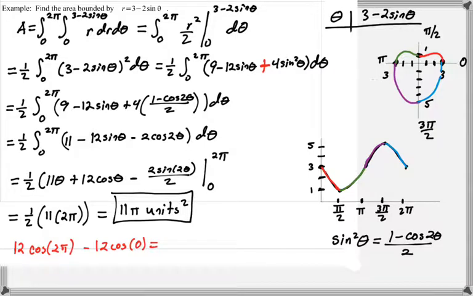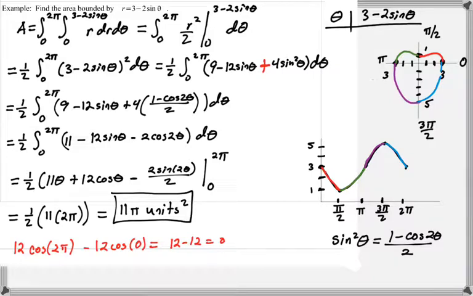Both cosine of 2 pi and 0 are 1, so it gives us 12 minus 12, which is 0. So that doesn't matter. And if you plug 2 pi into the sine, you're going to have the sine of 4 pi, and sine of any integer multiple of pi is 0. Likewise, if we plug 0 in, the sine of 0 is 0. So those didn't matter there. Okay, so we got our 11 pi units squared.